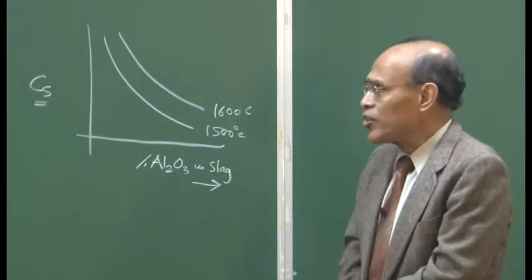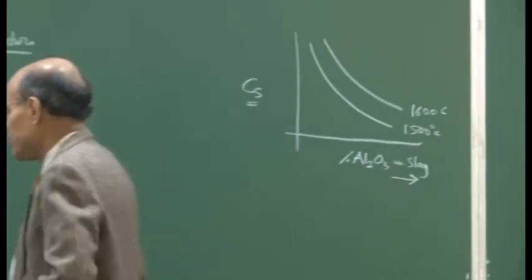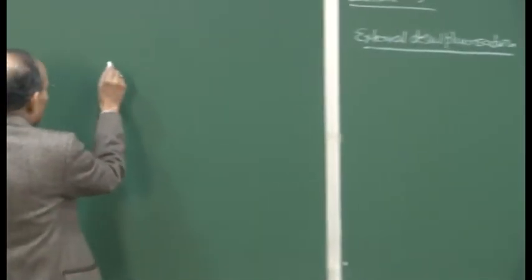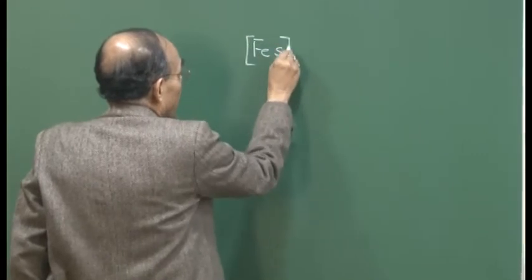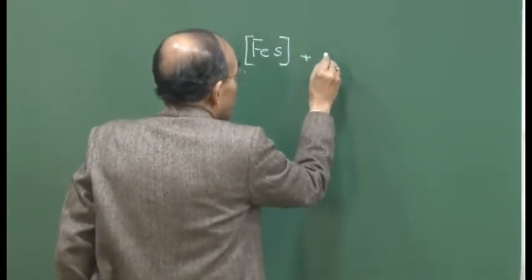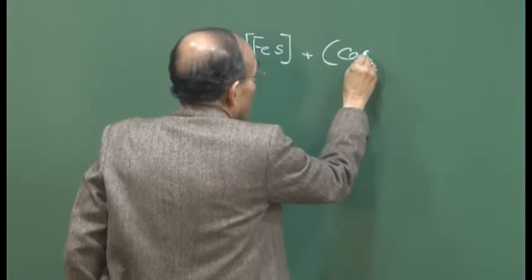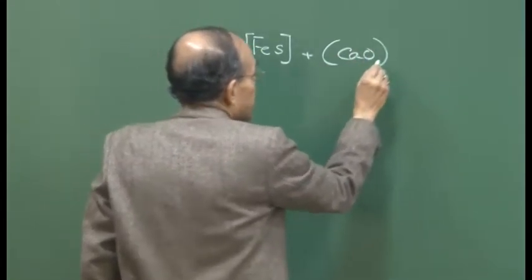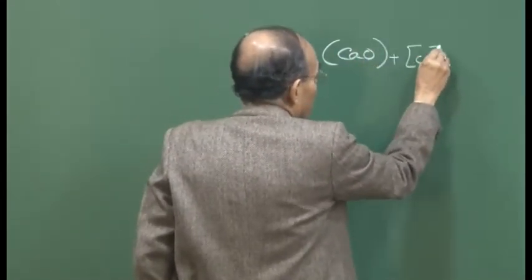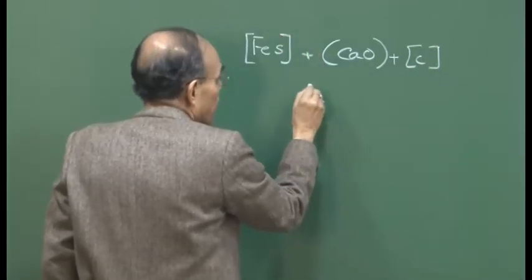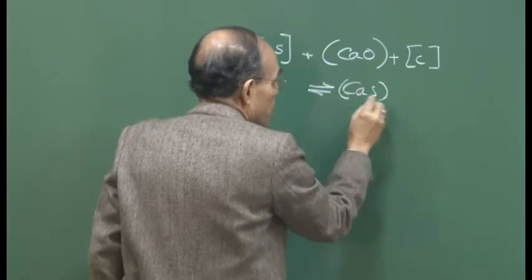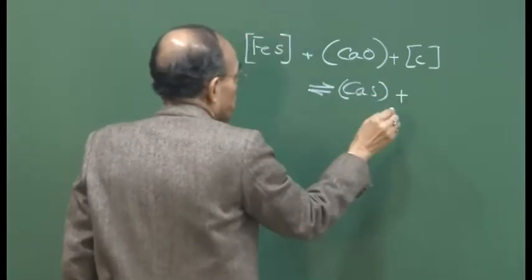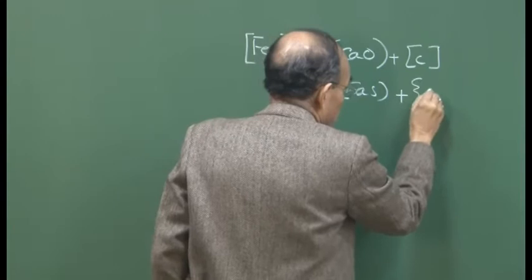Now, in the context of writing the desulphurization reaction, I have written the molecular form and the ionic form. I have represented the equation with a lime-containing slag, and the melt containing carbon as in hot metal, and then calcium sulfide which goes to the slag, and carbon monoxide.